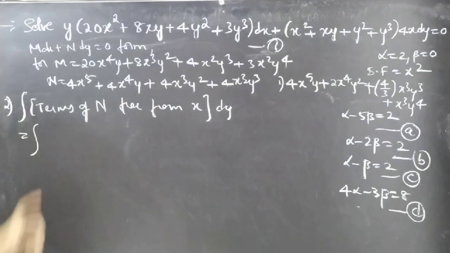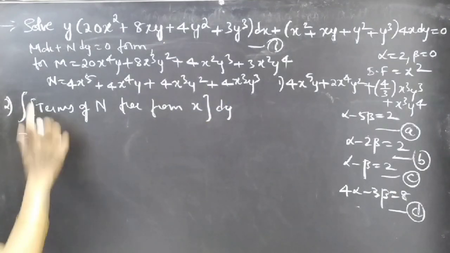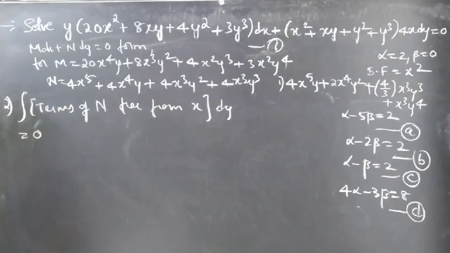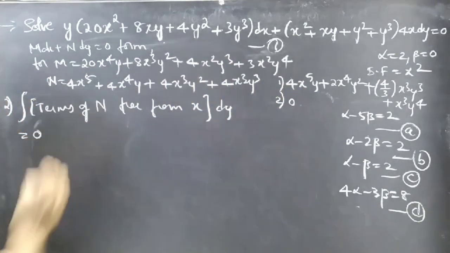We don't have terms of N which are free from x. So since there is no such term which is free from x, the integral of terms of N free from x is 0. So the result obtained from the second integral is 0.